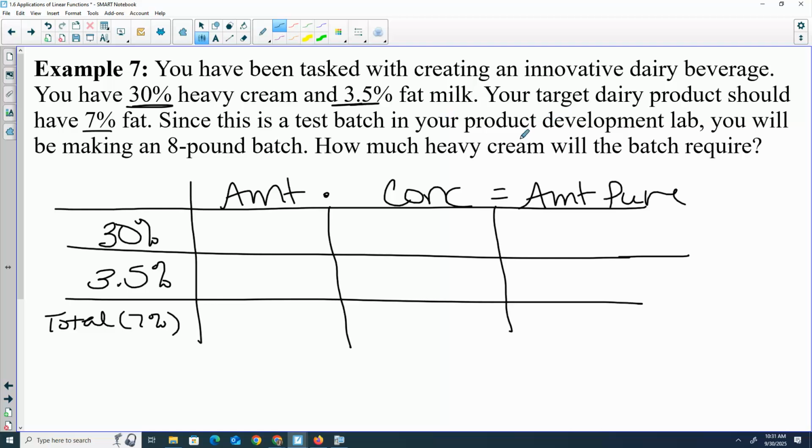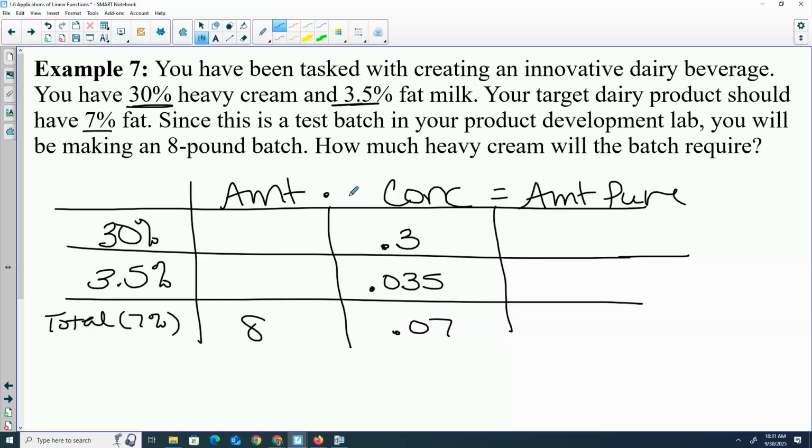So it says you will be making an 8-pound batch. Is that the amount of 30%, 3.5%, or my total? Total. Okay, my concentration, 30% would be 0.3. 3.5 would be 0.035. What would I put for 7%?